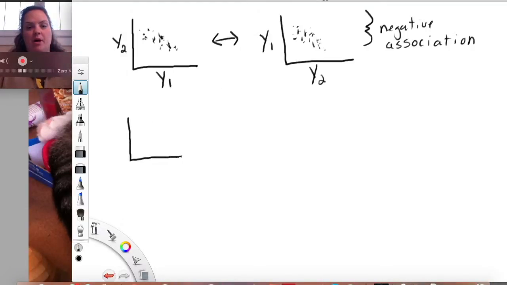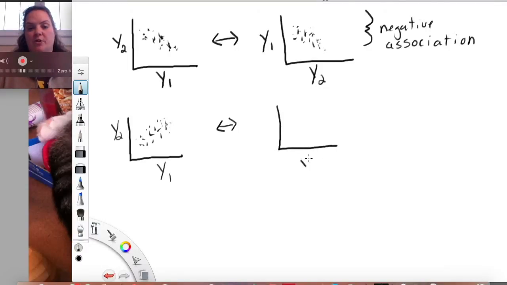So let's look at a positive association. So again, we can have y2 and y1. And again, we do not fit a line to this because this is not a regression. We're not trying to get a cause and effect relationship. So both of these are positive associations.